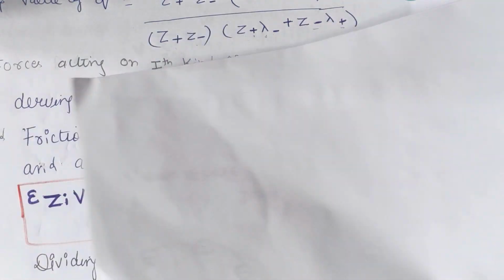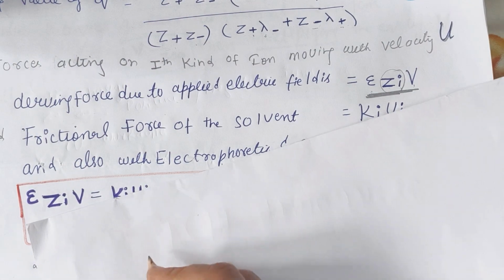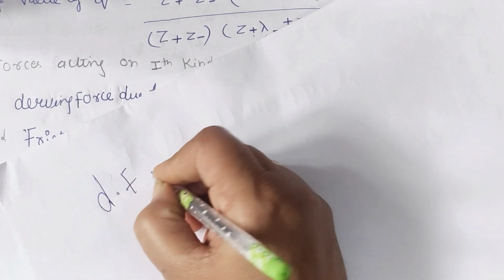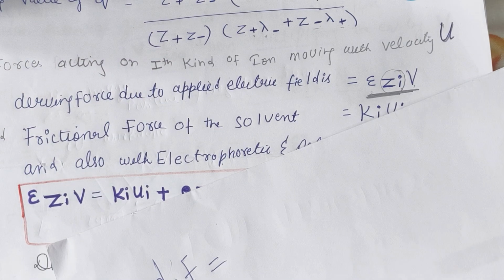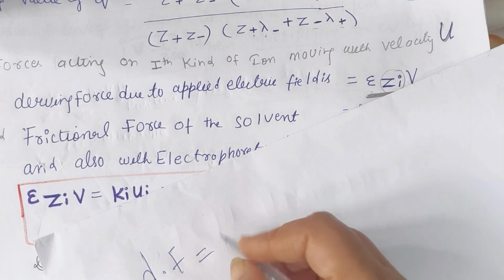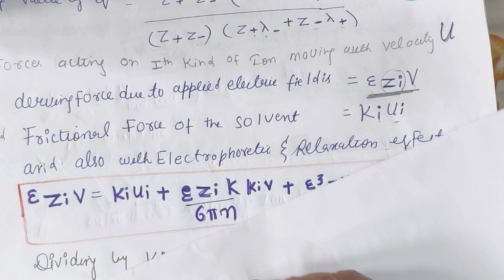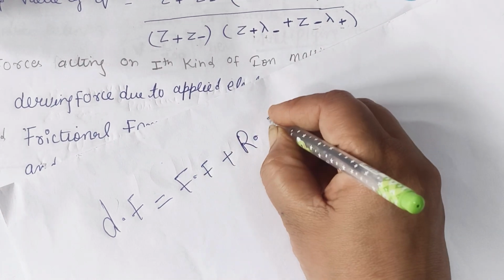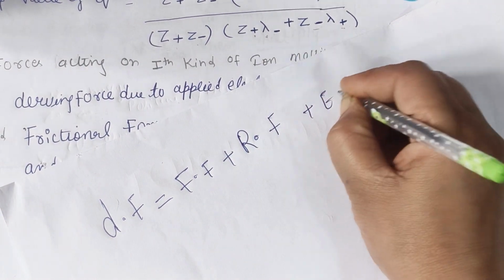So in simple words we can say that the driving force, epsilon Zi V, will be the sum of the frictional force of the solvent plus the relaxation effect plus the electrophoretic effect.